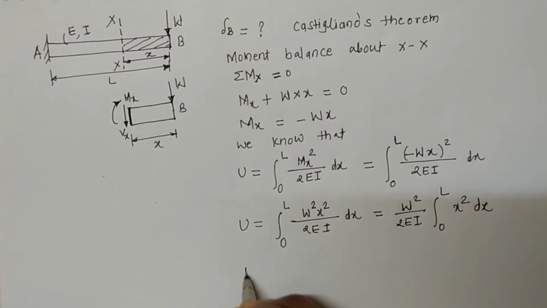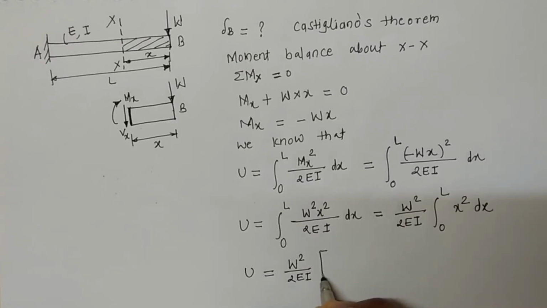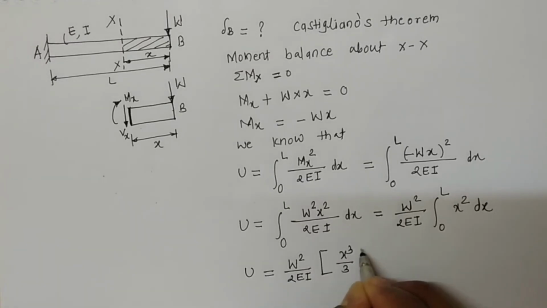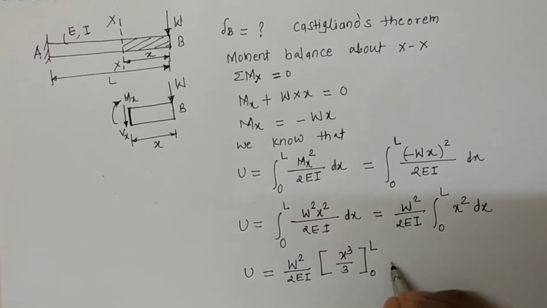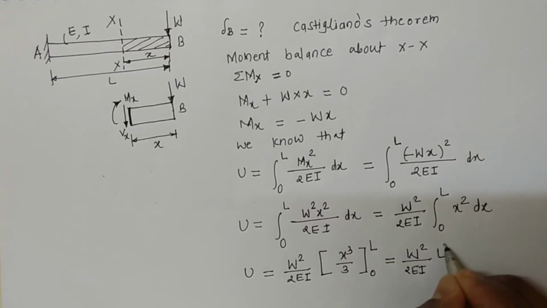So U is equal to W square by 2EI, and integration of X square is X cube by 3 between the limits 0 to L. And by putting the limits, I will get W square by 2EI into L cube by 3.